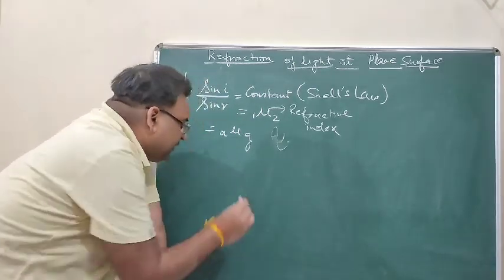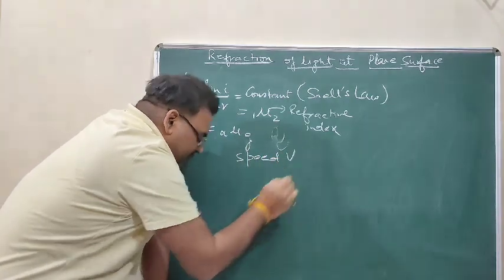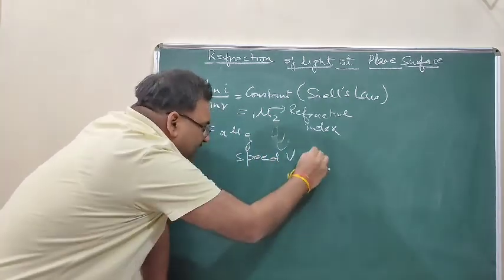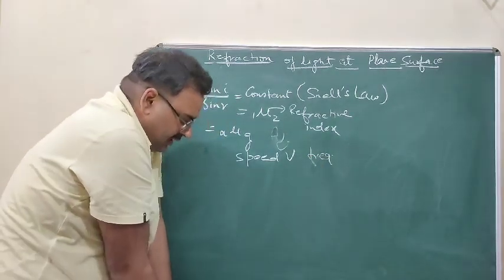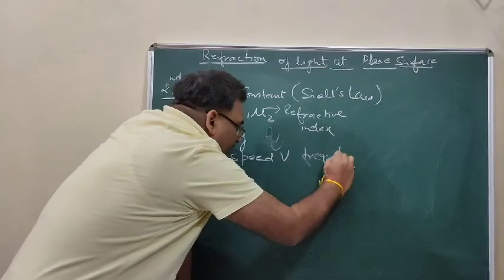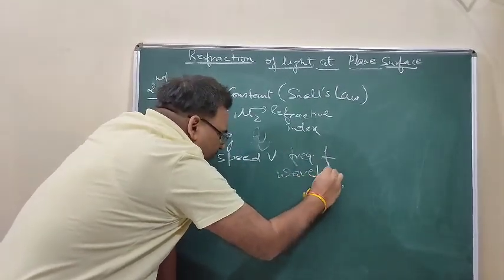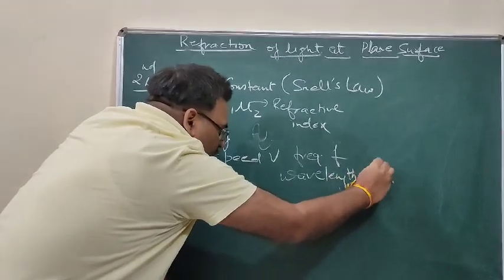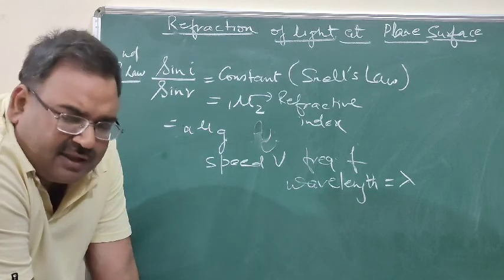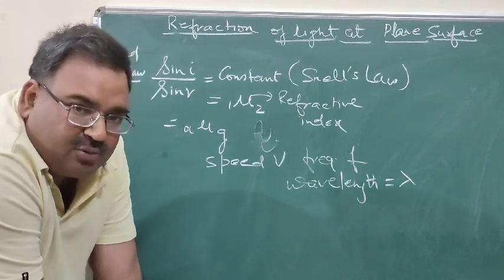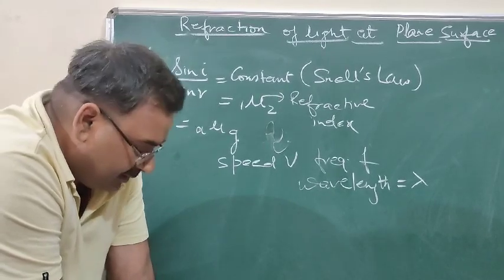We have speed, V, frequency, that is F, and wavelength, equal to lambda. So when a ray of light travels from one medium to another medium, what is the effect on these three factors, V, F and lambda?